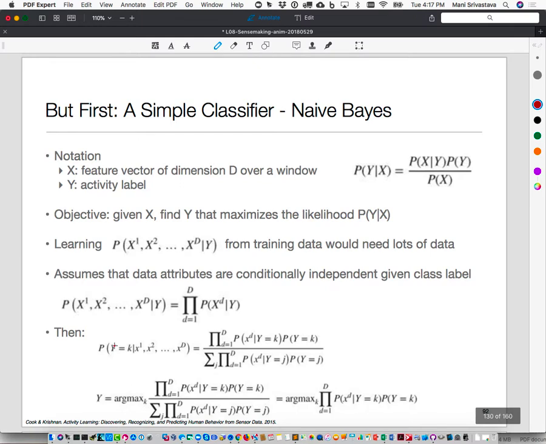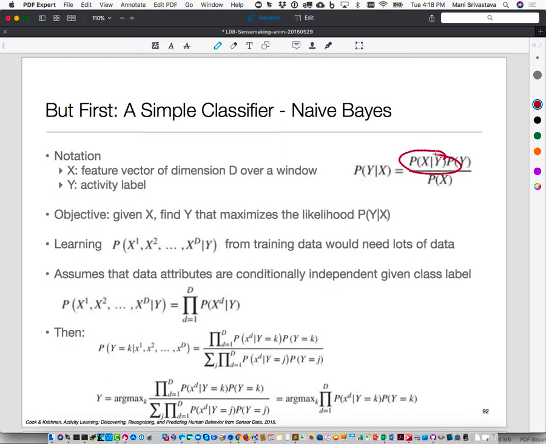If you recall, the basic idea was the following: given observation X, we want to find the label Y. Given the feature vector for a particular window X, which has a whole bunch of features 1 through D, we are interested in the joint distribution of X given Y. But calculating that from the kind of data that you would have in the presence of large D is going to be pretty hard. Just not enough data. It's called the curse of dimensionality.